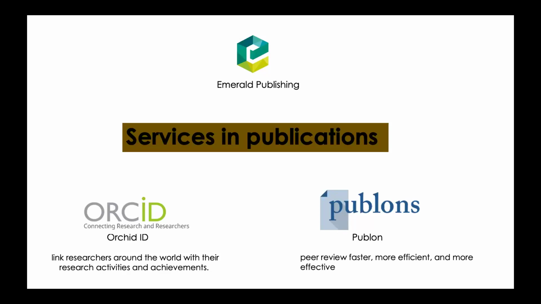Okay, and this makes peer review faster, more efficient and more effective. For example, as a PhD candidate, if you want to search for an external examiner for your viva, you can go to Publons and look at the history of the researcher, what papers were reviewed by that person.